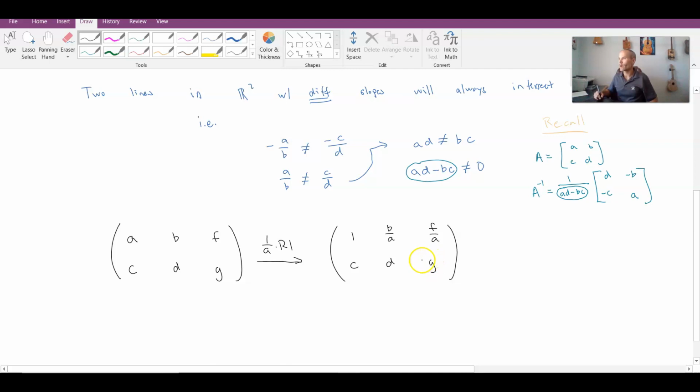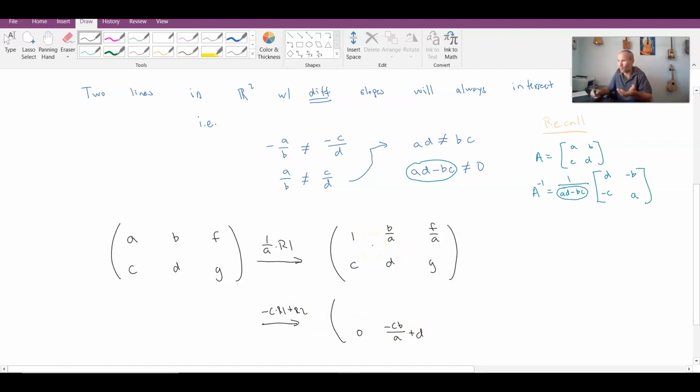Now the next thing I'll go ahead and do is I will use the 1 to cancel out the C. So that means I'm going to take negative C times row 1, and I'm going to add it to row 2. So negative C times 1 is negative C, plus C is 0. Negative C times B over A is negative CB over A added to D. So all I've done there is just take a negative C times this value, and I've added it to this value.